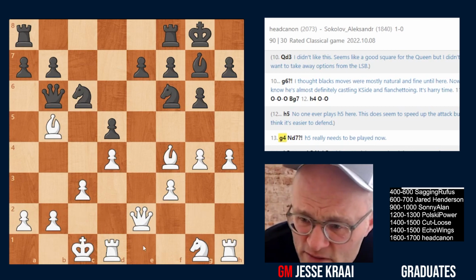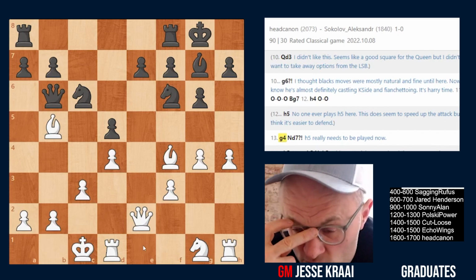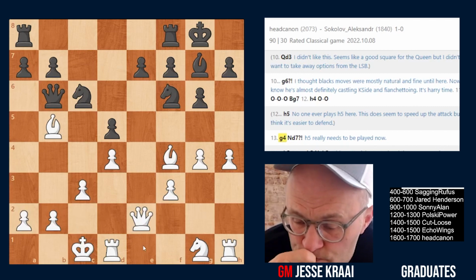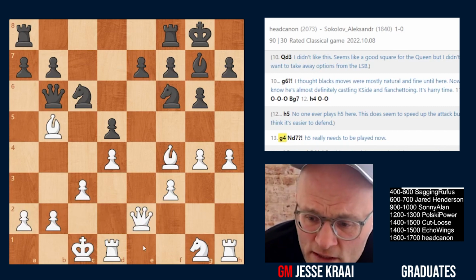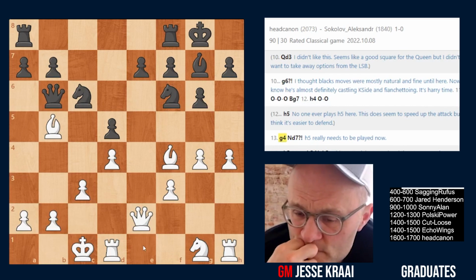Now, one thing I want to say about this h-file business is obviously it can lead to a mating attack for white, but more importantly, it's allowing the rook on h1 to get involved in the game. And if the rook on h1 is involved, then white's failure to fix his knight is not as extreme, right?